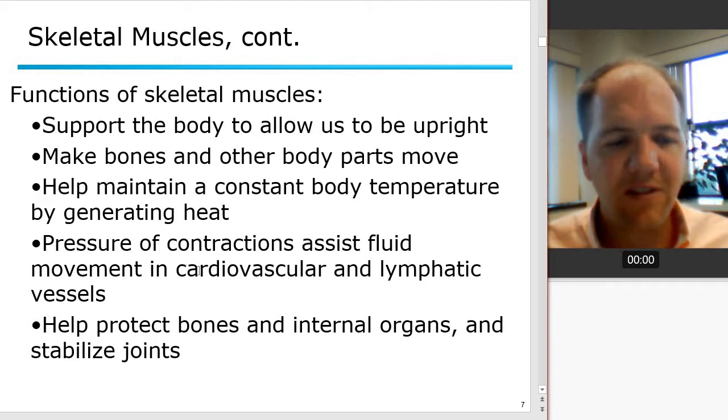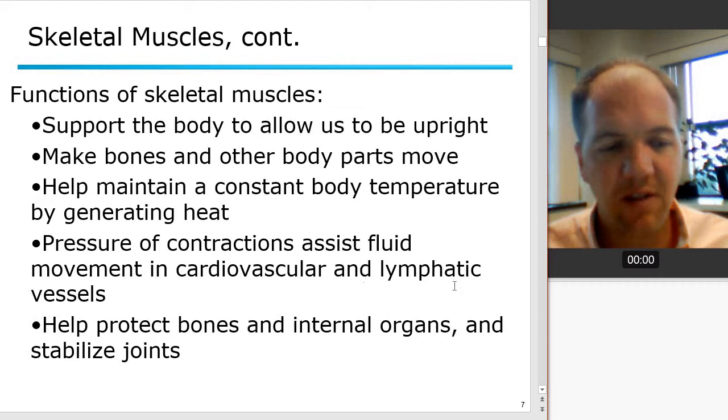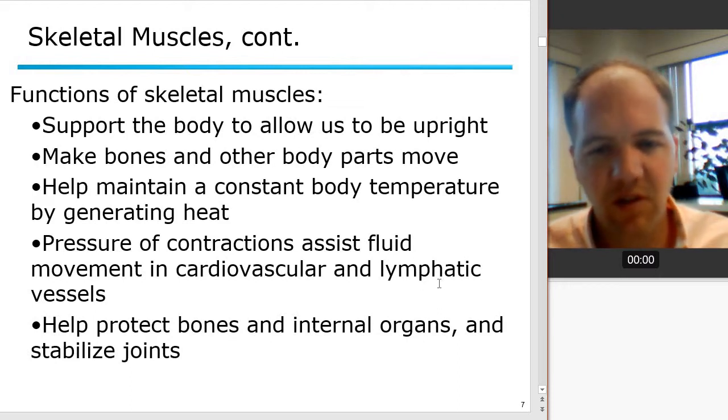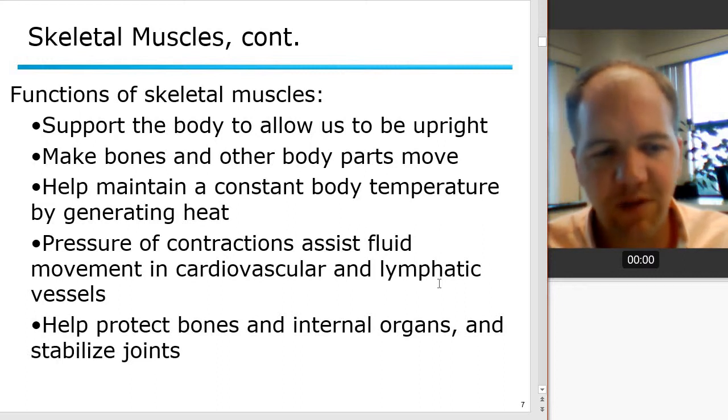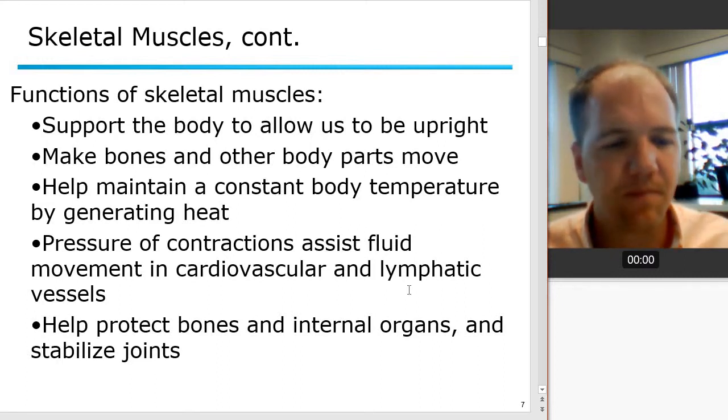But the vessels of the veins, the cardiovascular system, the veins and the lymphatic vessels, they don't have a lot of muscle themselves to contract and move fluids along, but they're situated within the skeletal muscles, or going through our skeletal muscles. And so as our skeletal muscles contract, it'll help squeeze these vessels and move that fluid along.